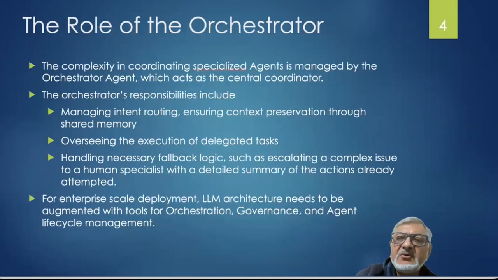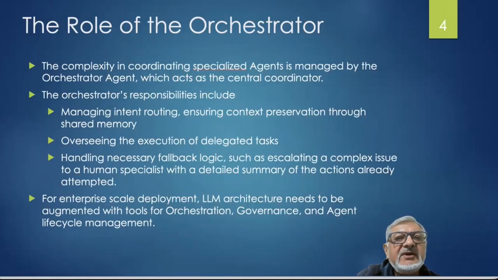So what is the role of the orchestrator in the agentic AI enterprise? The complexity of coordinating various specialized agents is managed by the orchestrator. The orchestrator manages intent routing, that is, the context is being managed. It ensures that context is preserved through the shared memory.